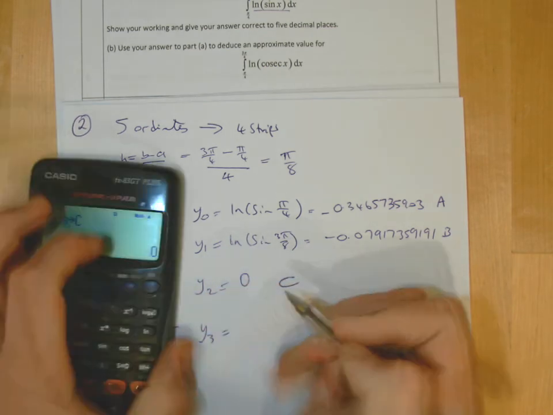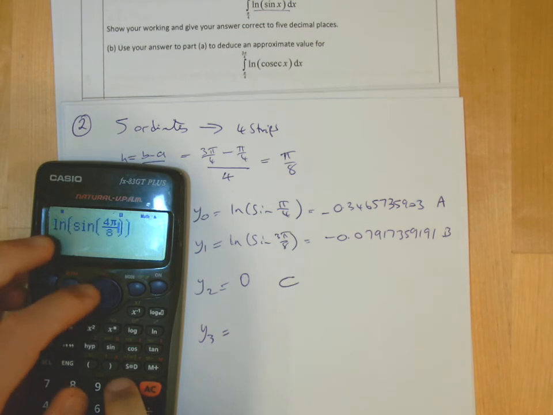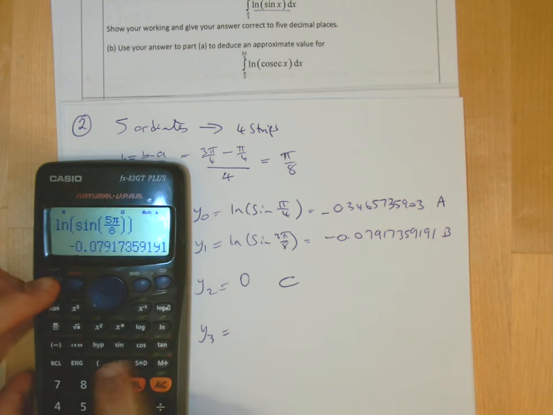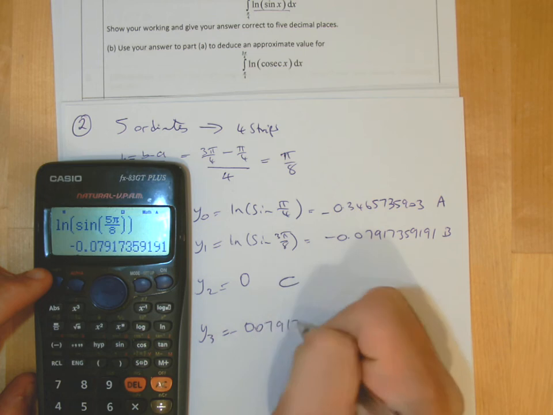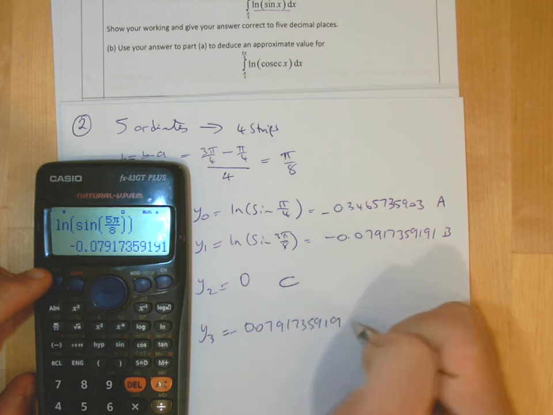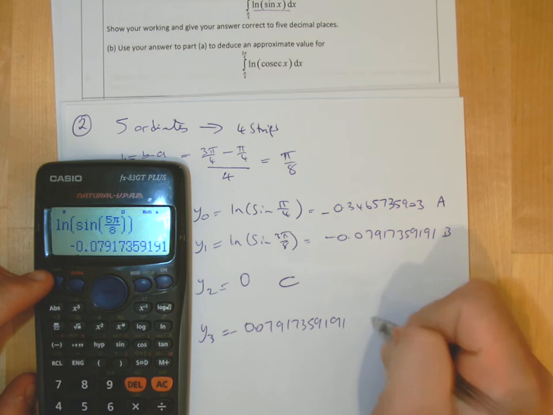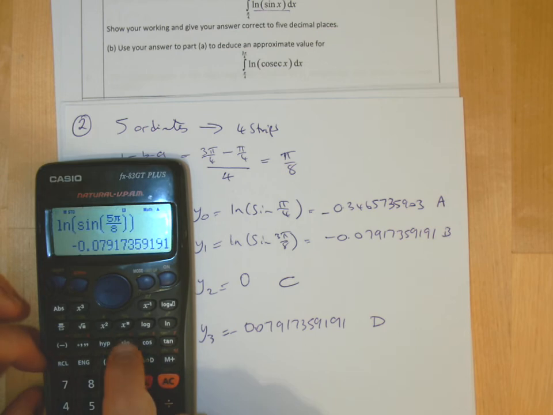So y3 will be minus 0.079173591191. Exactly the same as that, look. And that will be stored in D, so shift store D.